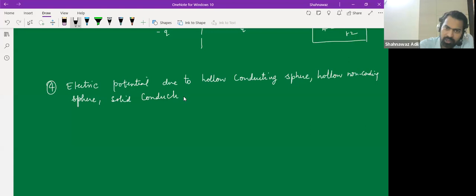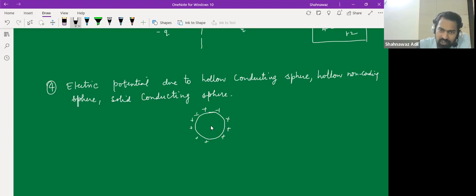So for all these three cases, the charges reside at the surface of the sphere. For all these three cases, the charges are at the surface. So we had three regions, right? So we had three regions. So this was inside, this was surface, and this was outside.